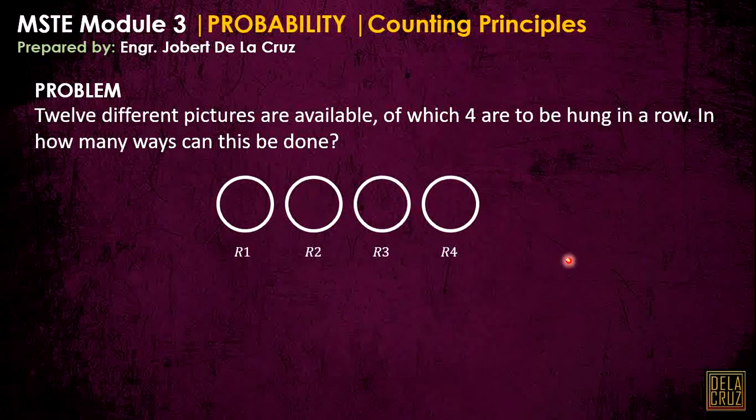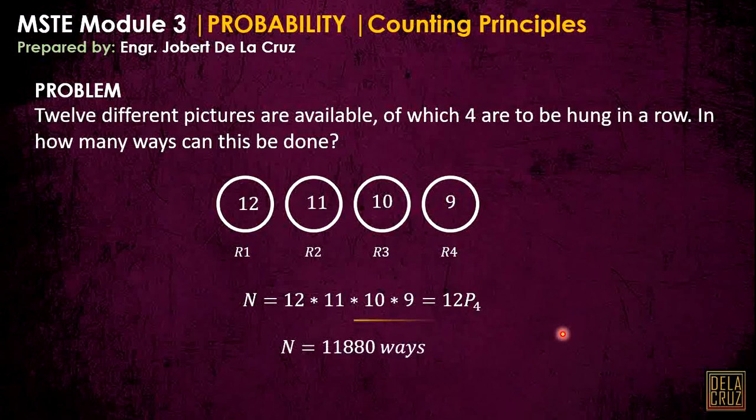So, again, since that is row, meaning that is not identical. So, we can just simply use the permutation formula. Or by manual solution, initially, we have 12 choices. Then, for row 2, 11 na lang. Row 3, 10. Row 4, 9. And that is, i-multiply lang lahat yan. Or, that is 12P4, nPr. Okay? That one.